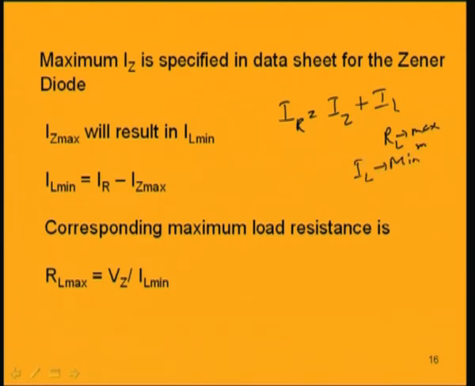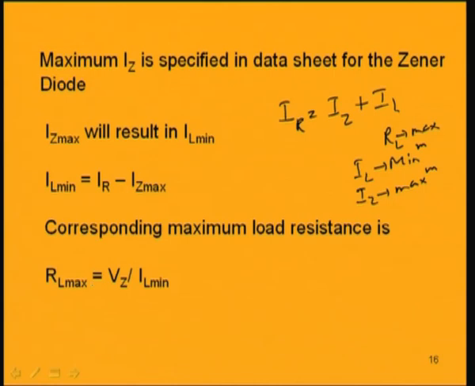So, as load current is minimum, IZ is maximum, but IZ has a rating; the maximum Zener current is specified in the diode. So, that maximum Zener current IZ will cause the load current to be minimum. So, what is that minimum load current? IR minus IZ max.